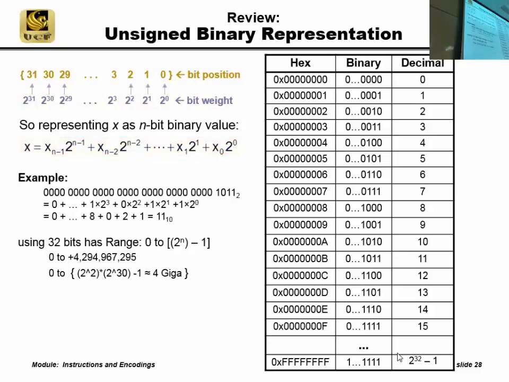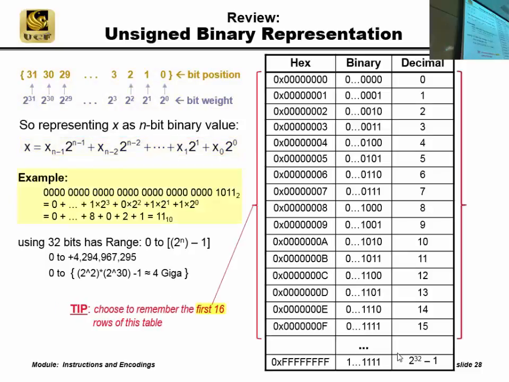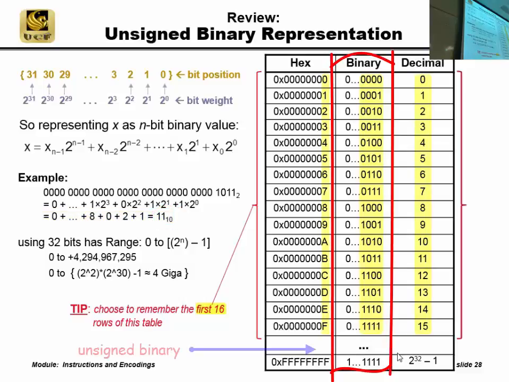For example, this is 1 times 2 to the 0, plus 1 times 2 to the 1, plus 0 times 2 to the 2, and 1 times 2 to the 3, and nothing else. What is that number? 11. All right. So this is an unsigned number, and here's a table for unsigned binary representations.